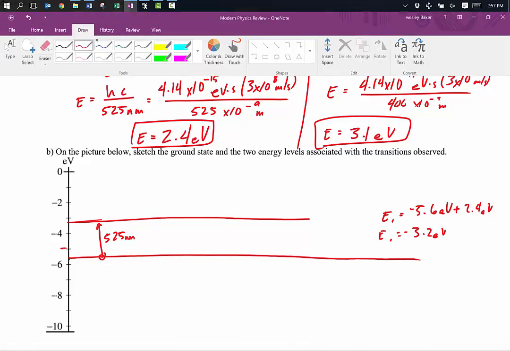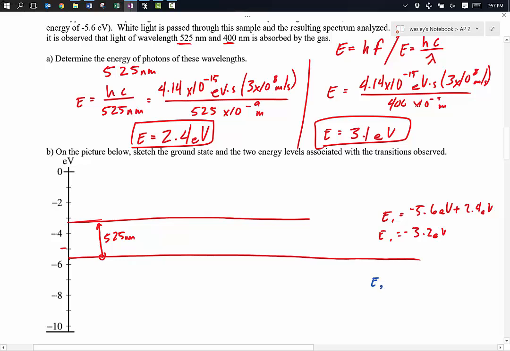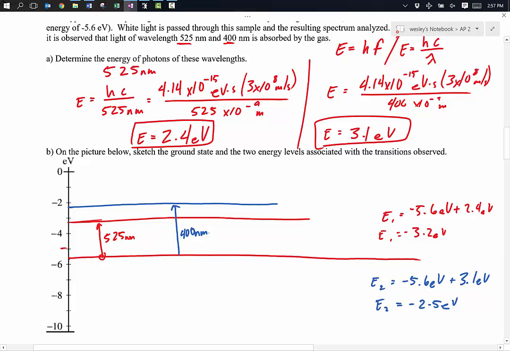For the second energy level, that's going to be negative 5.6 electron volts, our ground state, plus the energy from the 400 nanometer light. So that's 3.1 electron volts. Energy 2 comes out to be negative 2.5 electron volts. So that one is going to be here. So that's what happens when we absorb a 400 nanometer bit of light. Is everybody okay with that?